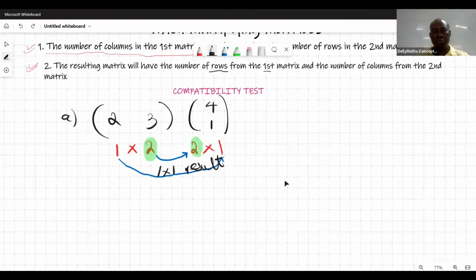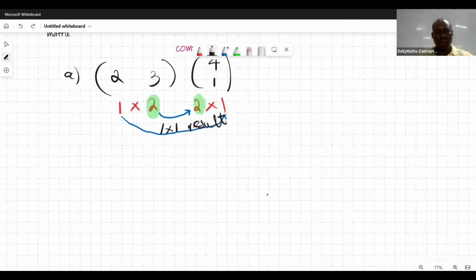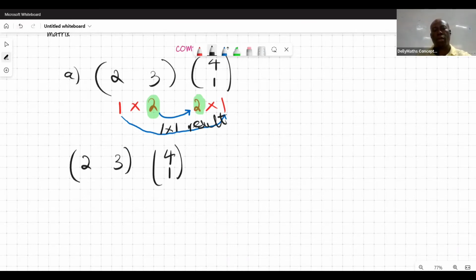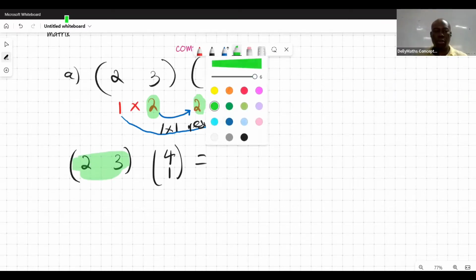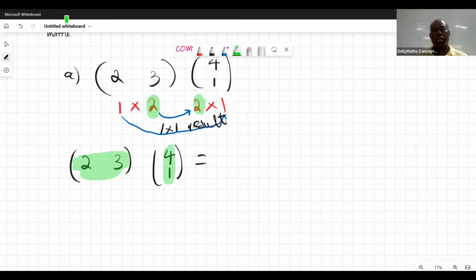All right, let us start off by doing the same thing here. 2, 3, we'll multiply this by 4, 1. Now, remember, when you're multiplying matrices, it's simply row by column. So each row must be used to multiply by as many columns as possible.